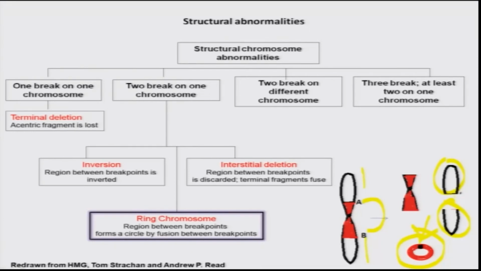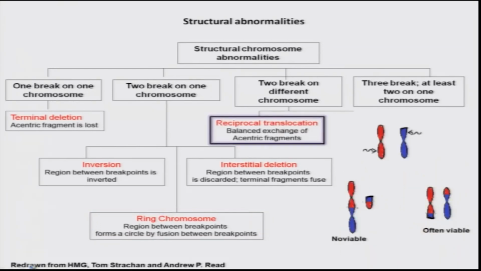This condition again can have very severe consequences on the cell, because genes present here may be lost, and such fusion can also activate certain genes. So again, these are examples of how different structures can alter the way the chromosome functions.